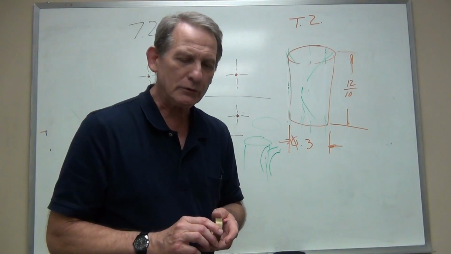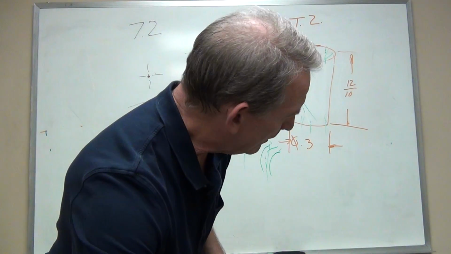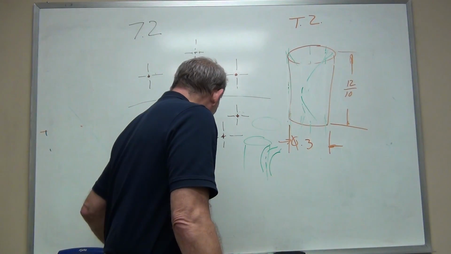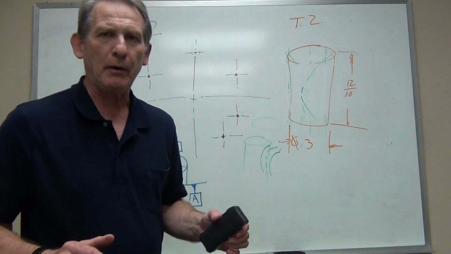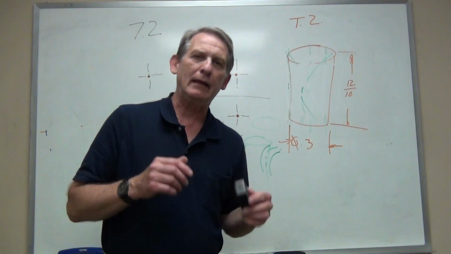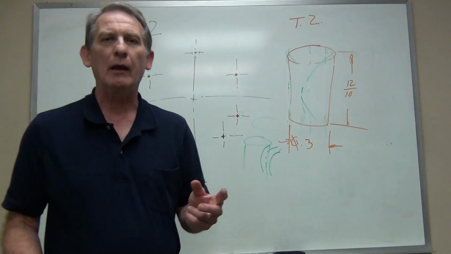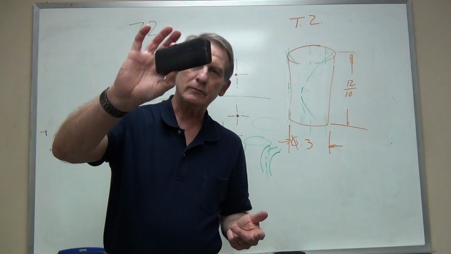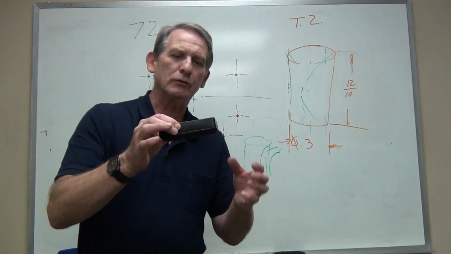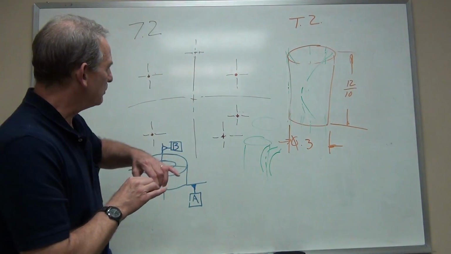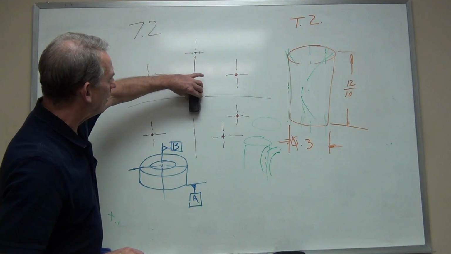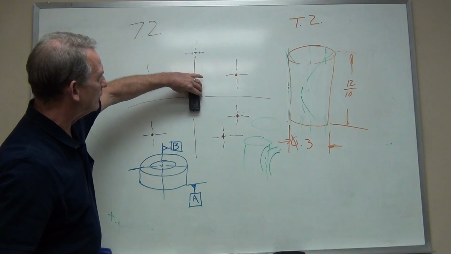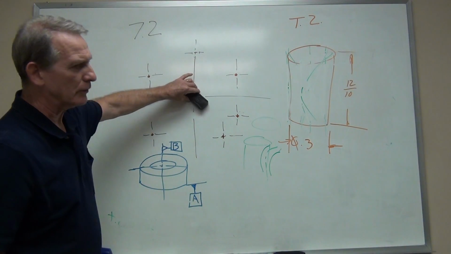But what I want you to come away with is the sense that you can look at the part, look at the drawing, and look at the datums, and tell whether that part is fully constrained. If I take a part like this, now this is not a round part, so if I were to put this part in like this, it would matter whether I set it in the fixture this way or that way.